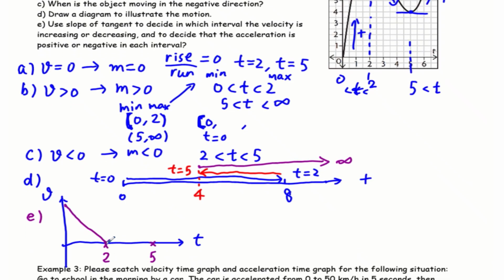From t equals 2, the slope goes negative. Once it reaches the steepest point on the graph, it is less steep until the slope is 0. After that, the slope is positive. So this is your velocity-time graph.